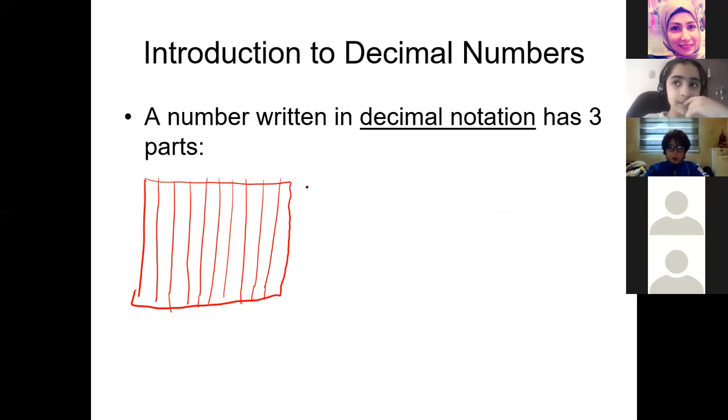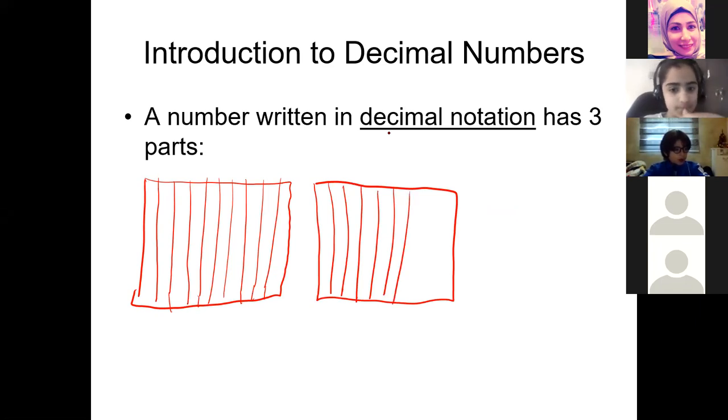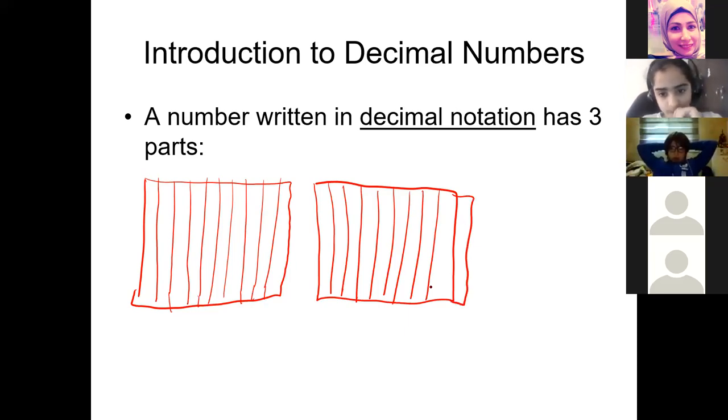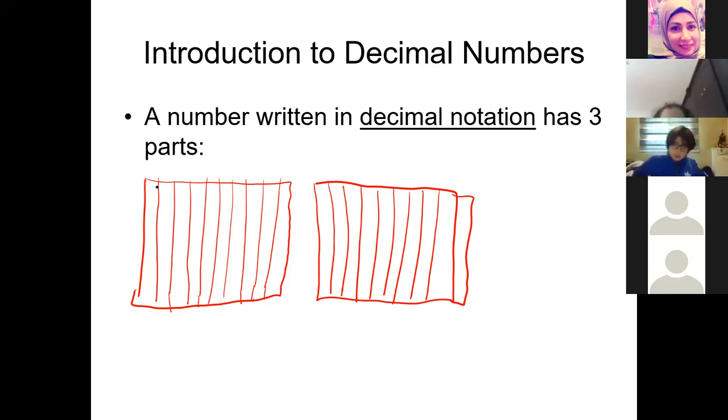And if we draw also another square, we divide it the same into 10 equal parts. 1, 2, 3, 4, 5, 6, 7, 8, 9, 10. If I colored the first square, all of it, totally colored.